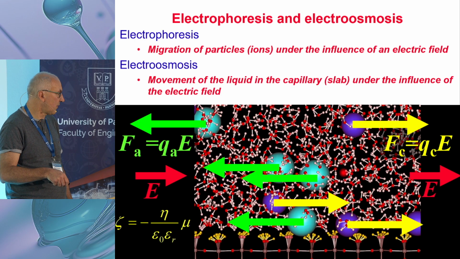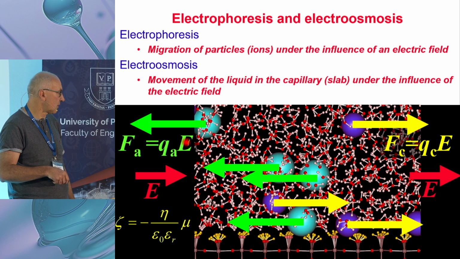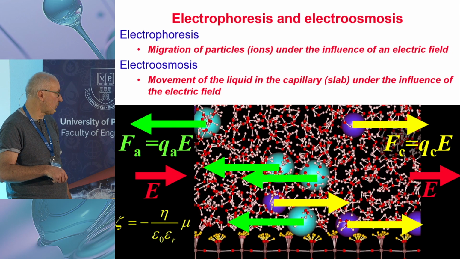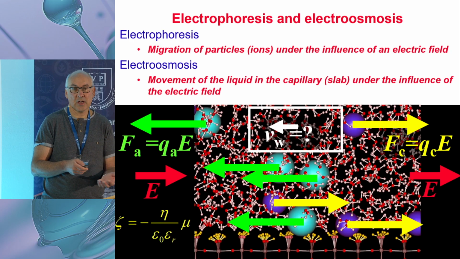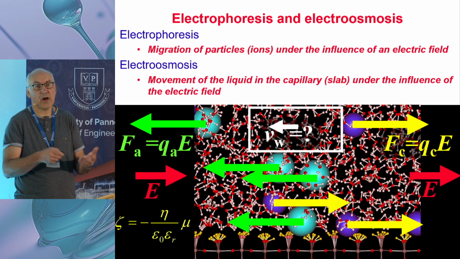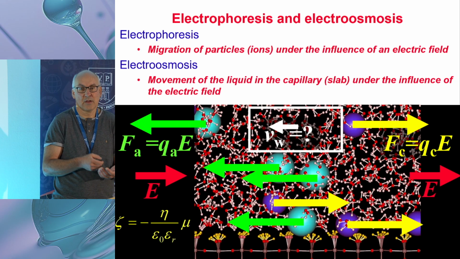I have an electric field along the surface. So of course the blue cations will move in the direction of the electric field, and the cyan anions will move in the opposite direction. And the highly non-trivial question is, will there be any motion of the liquid far from the surface? Will the water flow? Because of course the net electric force acting on neutral water is zero, right?